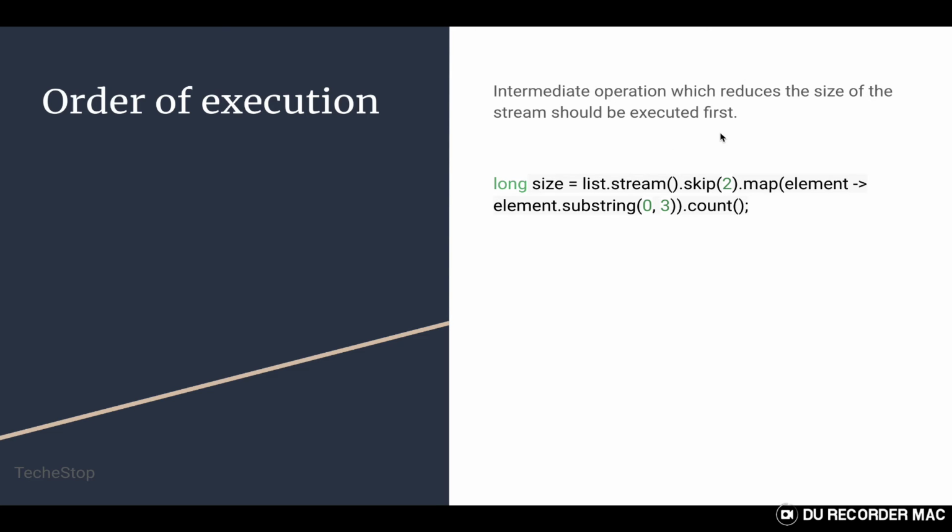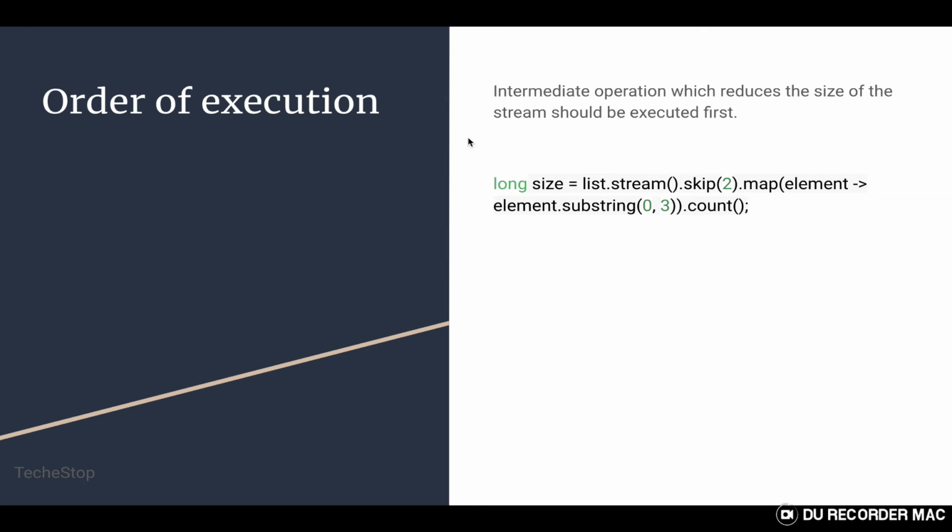So the skip operation, if say we do the map operation before the skip operation, then all the elements present in that list have to be executed through this map operation, and then we'll be skipping the 2 elements, and then we are counting it. If you don't need those 2 elements in your count, you can simply skip them first and then execute the map operation, right?